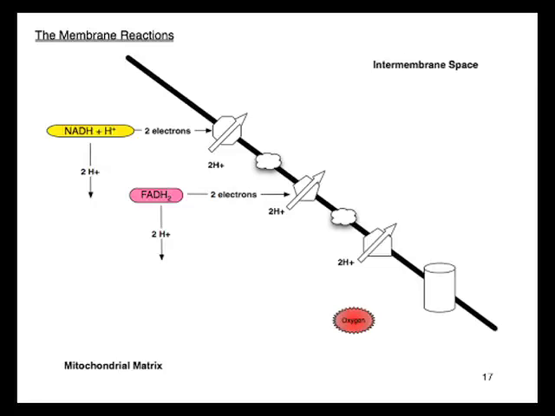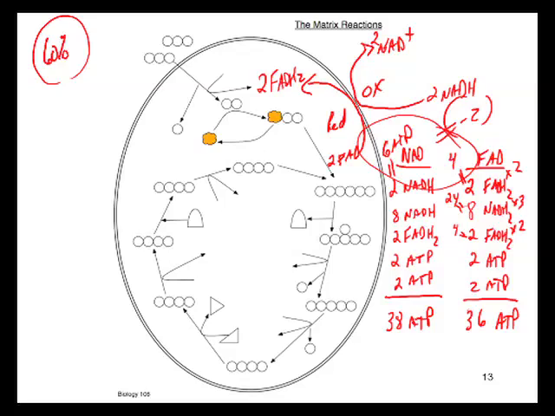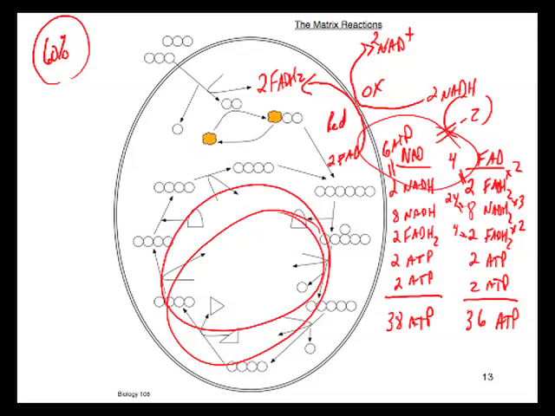The shuttle mechanism does not affect what happens down here. The shuttle mechanism only affects the NAD produced in glycolysis. Because if it's the NAD or the FADH2 shuttle, it doesn't matter. All these would still go into electron transport, would still go into those membrane reactions.